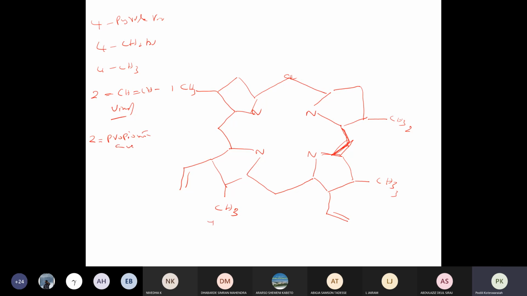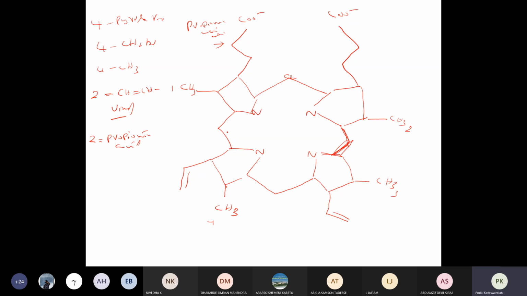One propionic acid chain is here, 1, 2, 3, and the other propionic acid chain is here, 1, 2, 3. These are the 2 propionic acid chains.